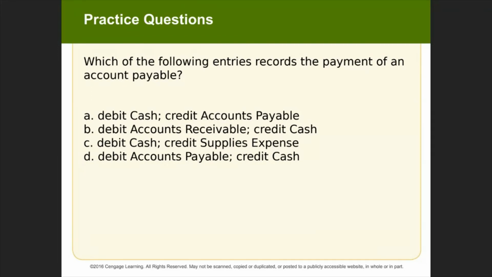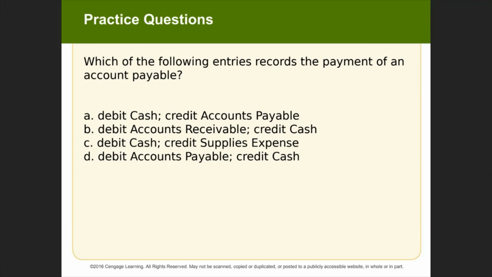All right. So 2 more questions. Which of the following entries records the payment of an account payable? When we pay an account payable, what accounts do we debit and credit? You debit your accounts payable and credit cash. When we pay an accounts payable, we're going to bring our accounts payable down, so we're going to decrease our liability, and we're going to decrease our cash because cash is going out.